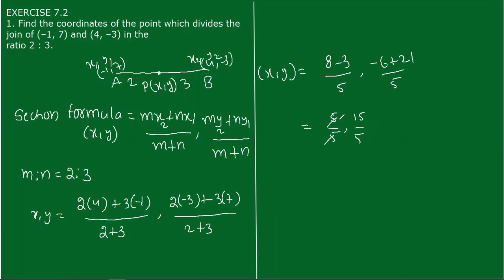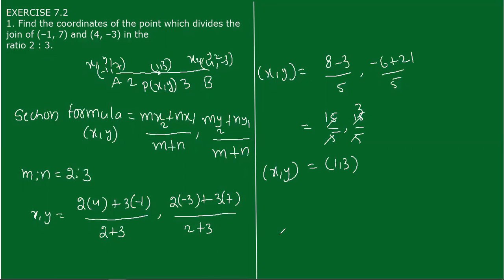So 5 cancels, 5 ones, and 5 threes. So the point is (1, 3). So (1, 3) is the point which is dividing the AB line segment in the ratio 2 is to 3. Understood guys?